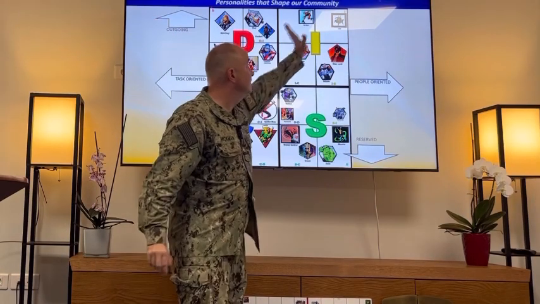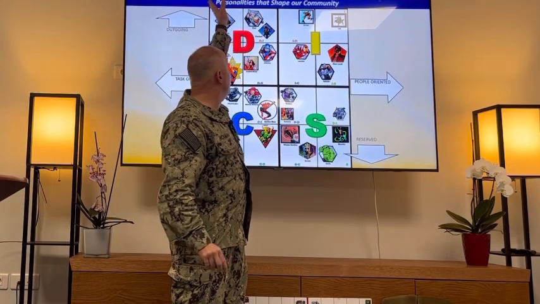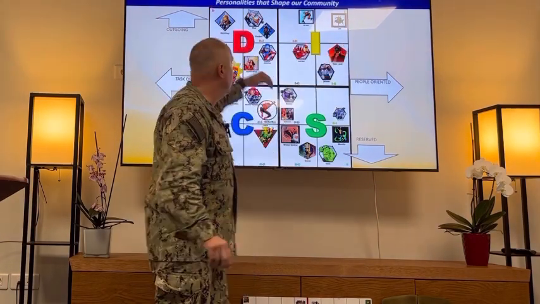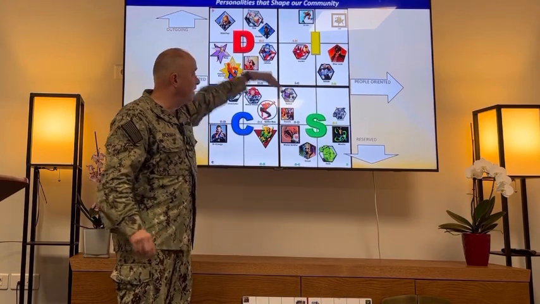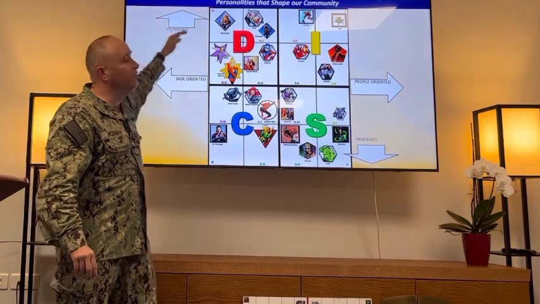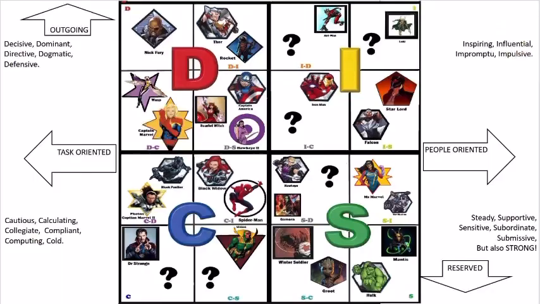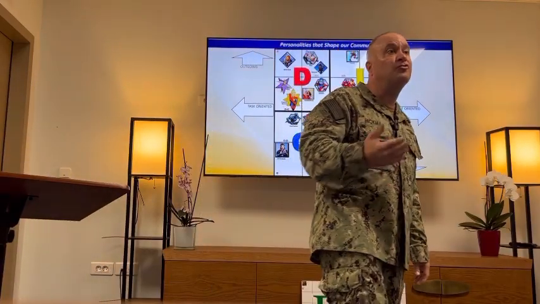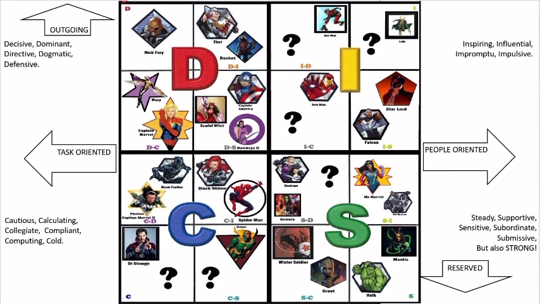This side, if there was a diagonal line from here to there, is your extroverts. And these, if the diagonal line was through it, is your introverts. So outgoing means that you're assertive, that you can be assertive or aggressive, but you take initiative and you walk up to someone and you start a conversation, okay?